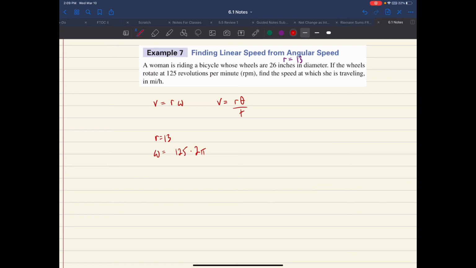And so v is going to equal 13 times 125 times 2 pi. And I don't have a denominator here because it's just 1, so you could put this over 1. And so v equals, if I multiply that all out, 3250 pi.